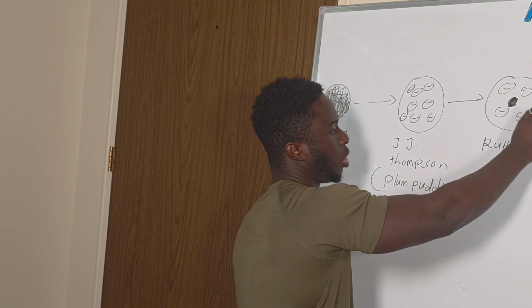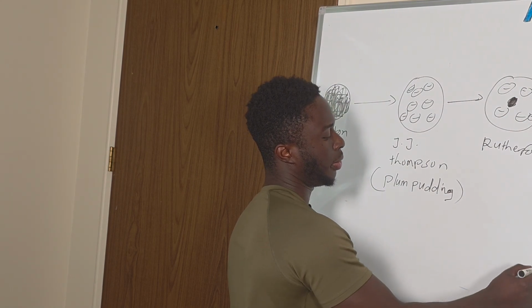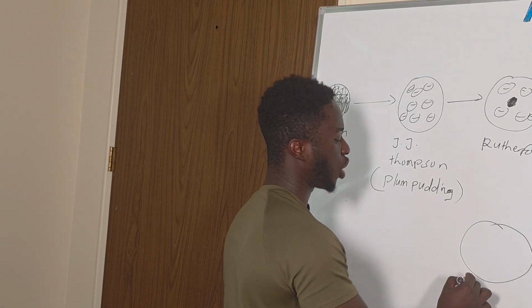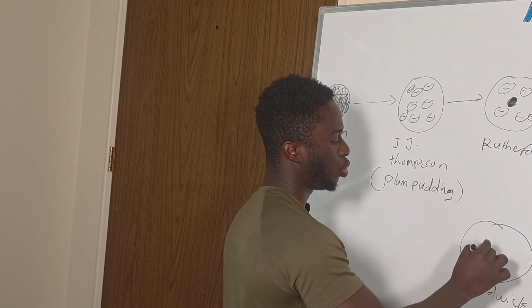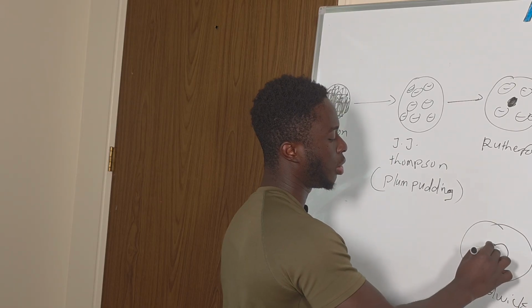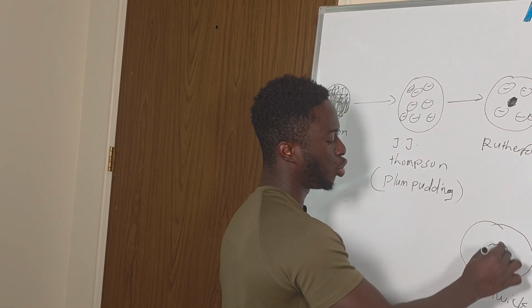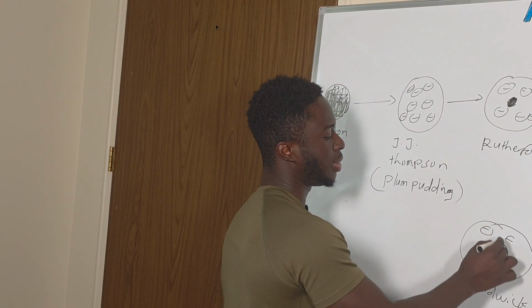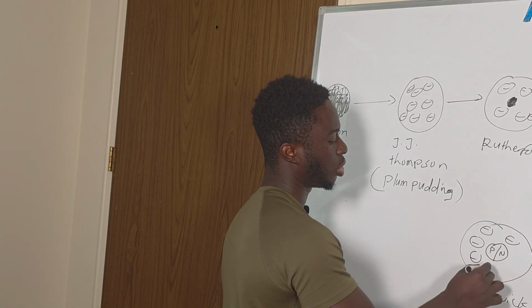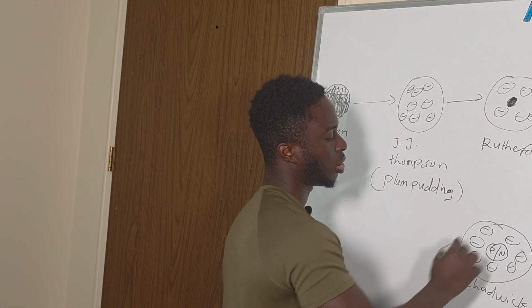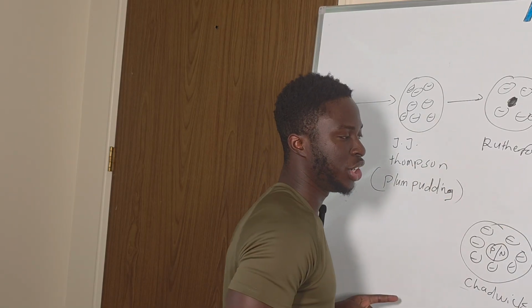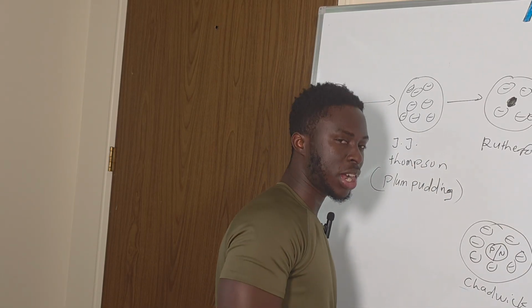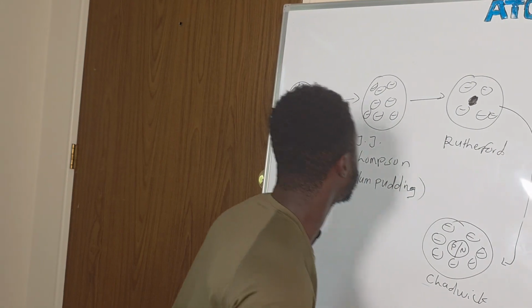So from here we went over here, for Chadwick to say that now we have protons and then neutrons, biased to a sea of electrons, right? So this has been the continuation of the atomic structure.